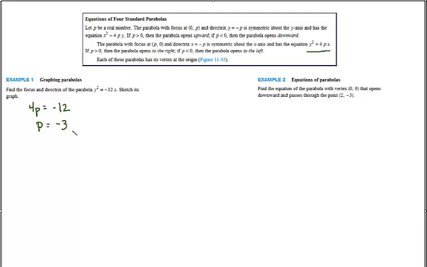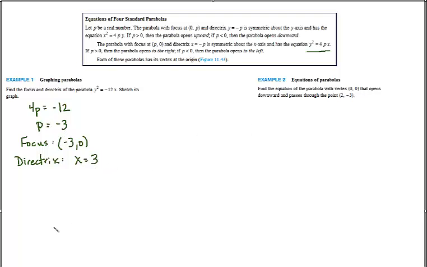If I know that p is equal to negative 3, the focus then is, we have this one here, the focus at p, 0, so that would be the focus is at negative 3, 0. And then we need to find the directrix. The directrix would then be at, let's see where they have it in here, x is equal to negative p. So x equals a negative negative 3, which would then be 3.